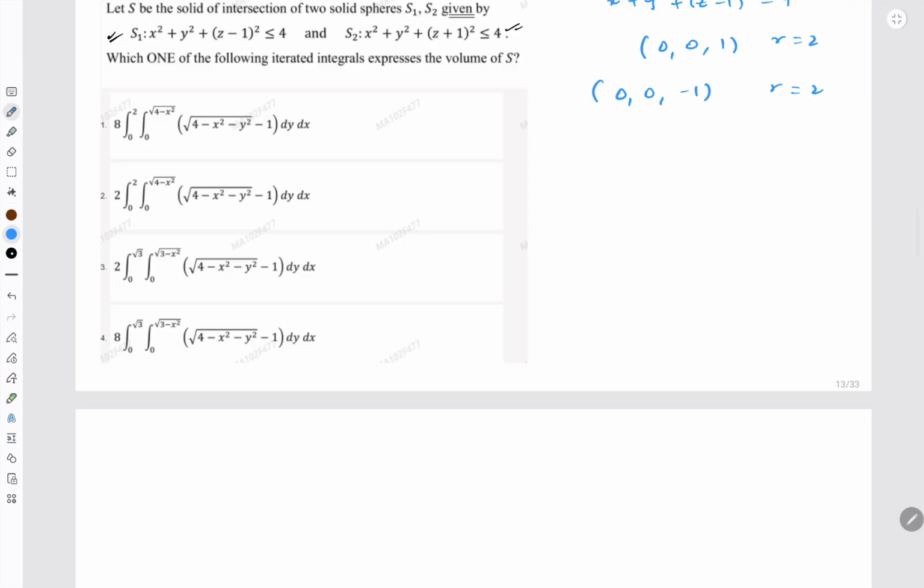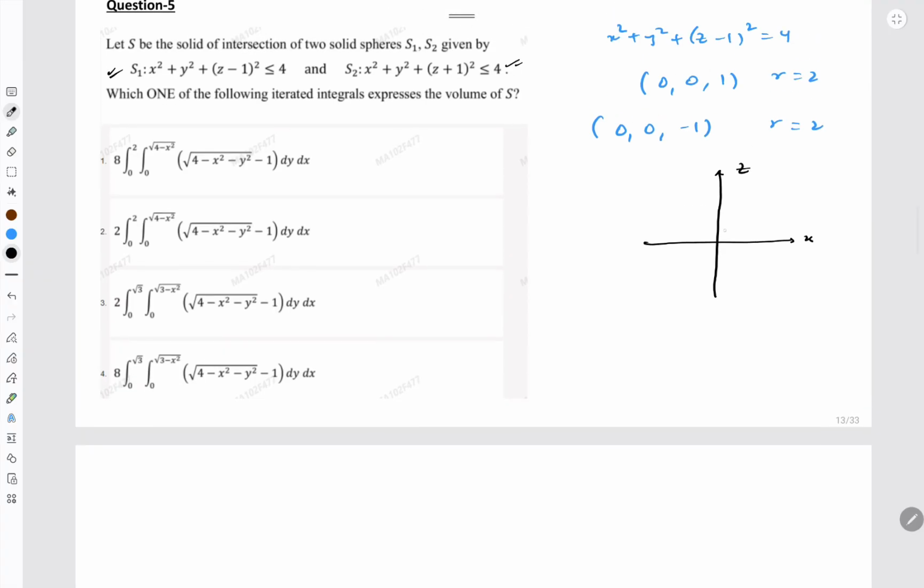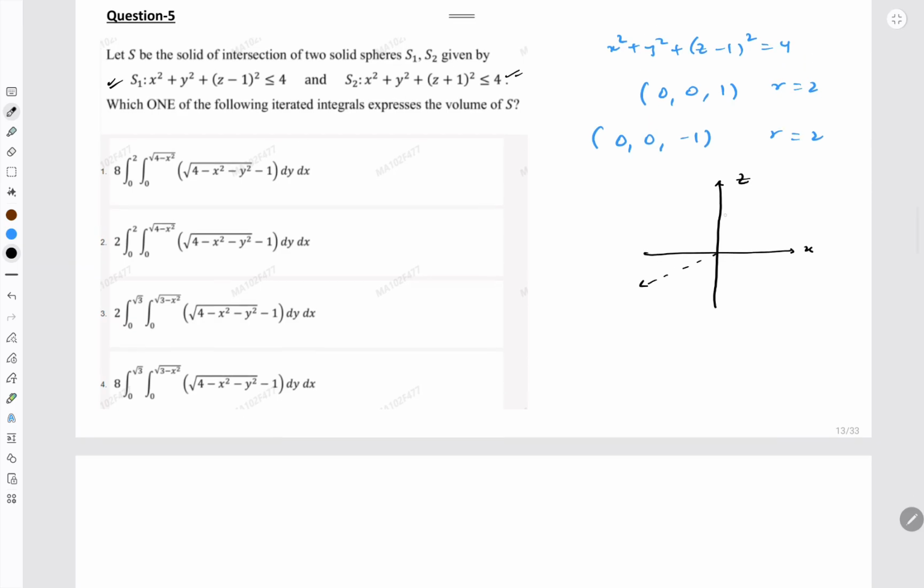So if I draw the axes, this is the x axis, this is the z axis, and y, let us not draw it for simplicity. Y will be bulging outwards. So the center of one sphere is lying at this point, 0, 0, 1, but it has radius 2, so it will go till this point where the center of my second sphere lies.